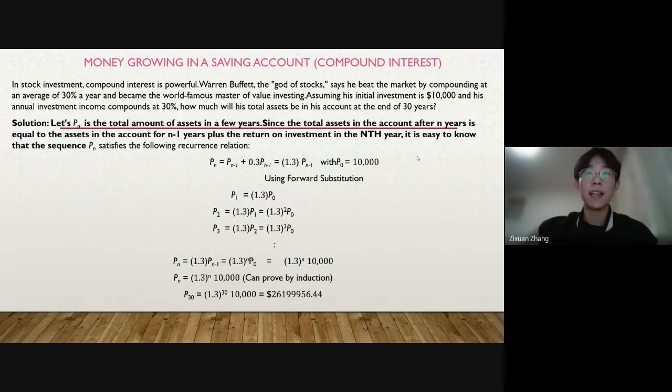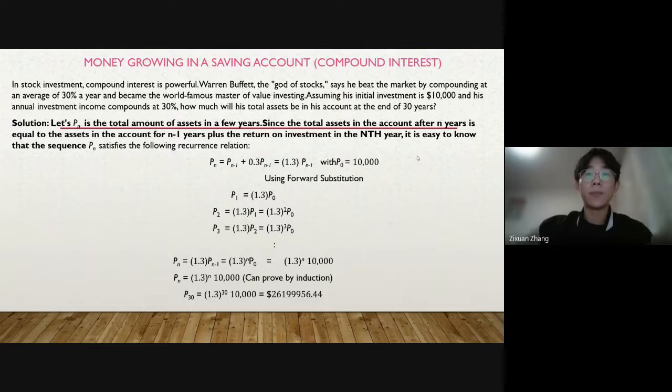Solution: let Pn be the total amount of assets after n years. The total assets after n years are equal to the assets after n minus 1 years plus the return on investment in the nth year. It's easy to know that the sequence Pn satisfies the following recurrence relation.